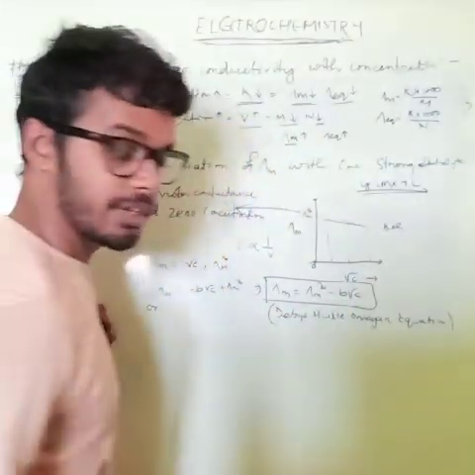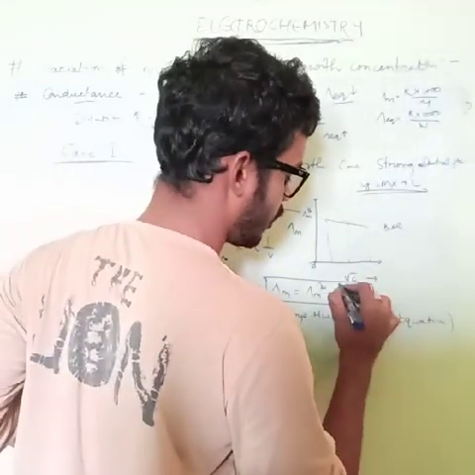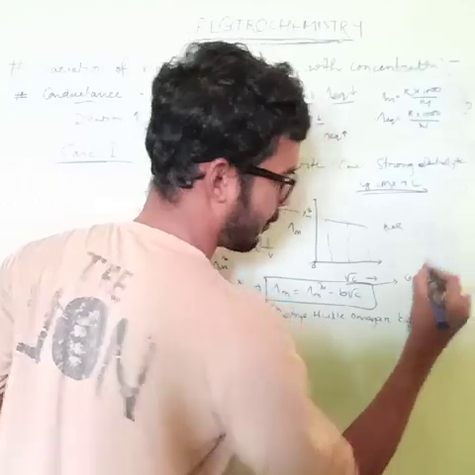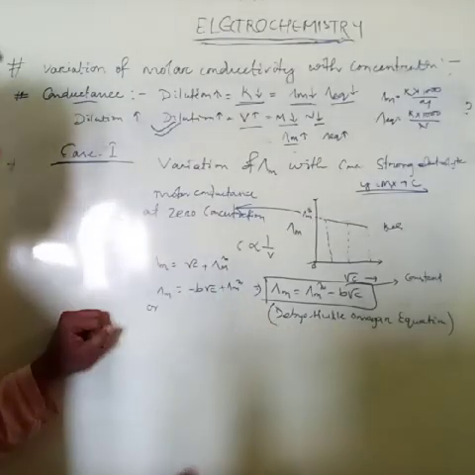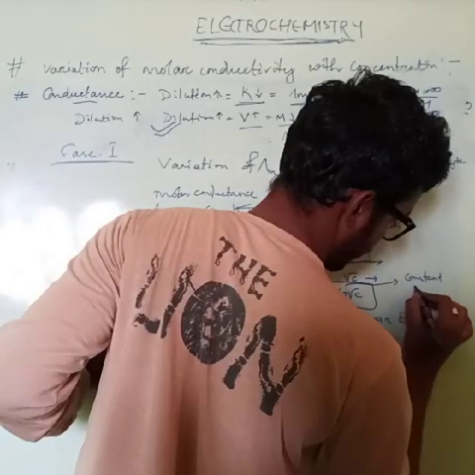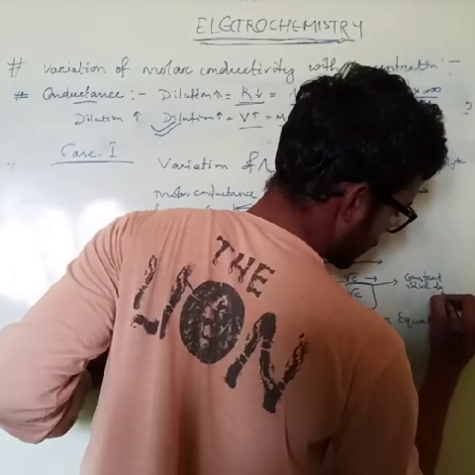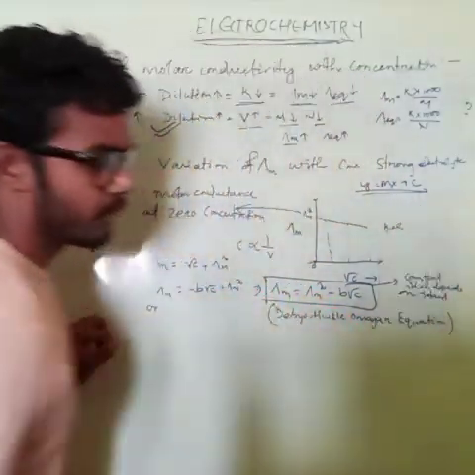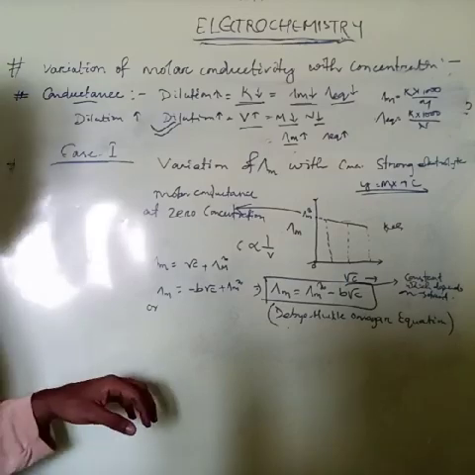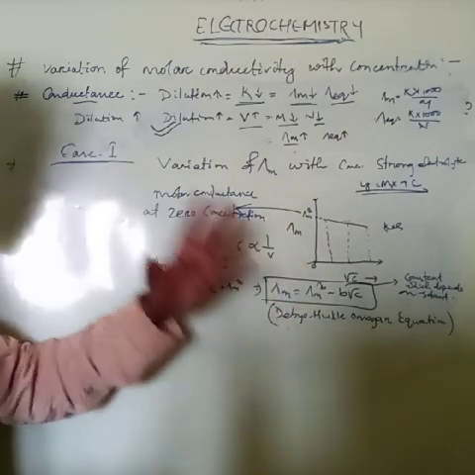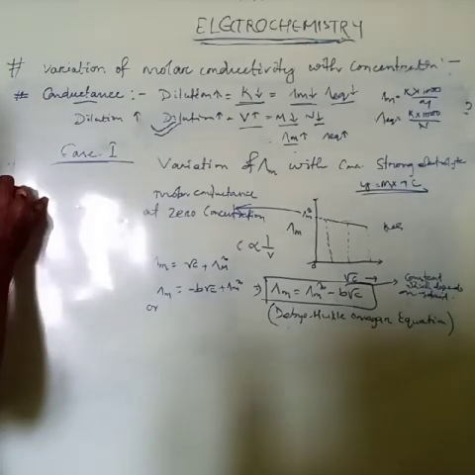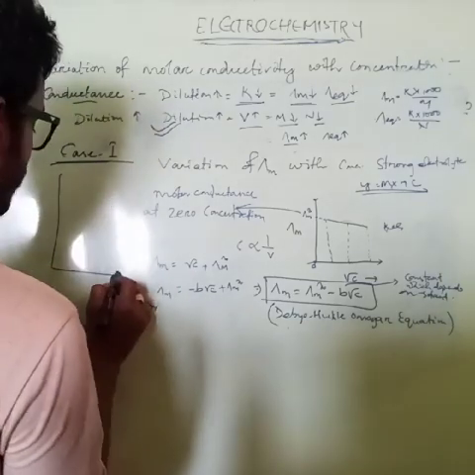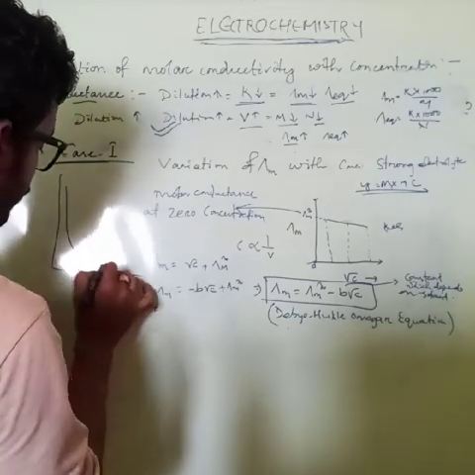This is for strong electrolyte. What is b? b is a constant, a constant that depends on the solvent. And for weak electrolyte, he again did these experiments, and what he got for weak electrolyte is a curve.